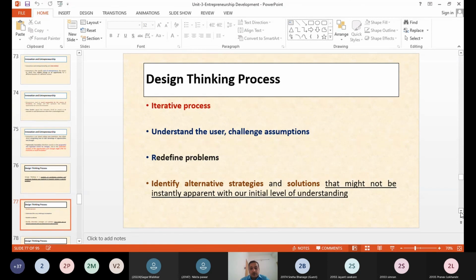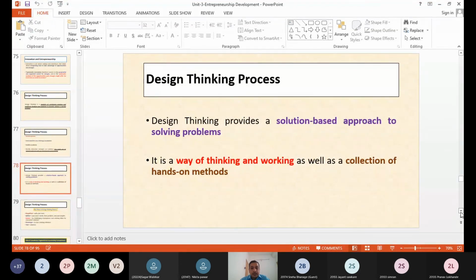When we are initially looking at the problem, we may not have an idea related to the solution of a particular problem. However, with a thorough understanding of the problem, redefining the problem, and then identifying the different alternative strategies and solutions based on creative as well as analytical thinking, we can have alternative solutions to a particular problem.